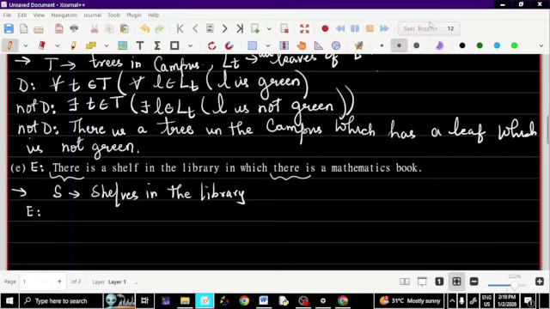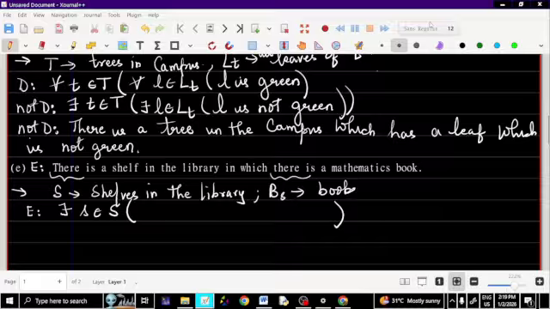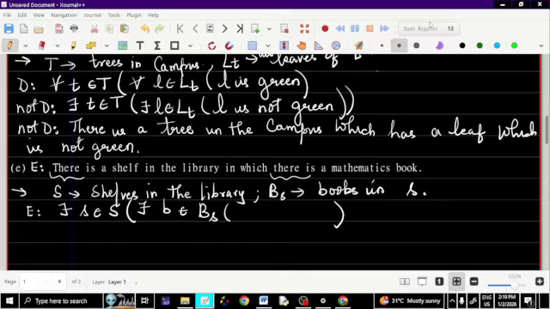So your E will look like there is s in S such that in the shelf I have to look out for books. So Bs will be the set of all books in the shelf. So there exists b in Bs such that b is a math book.